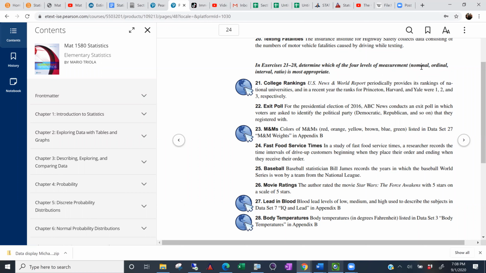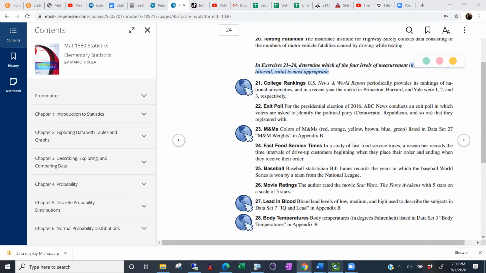So we've got these 4 levels of measurement to choose amongst. All right. Aiden, whenever you want to type those in, that'd be great. So exit polls.